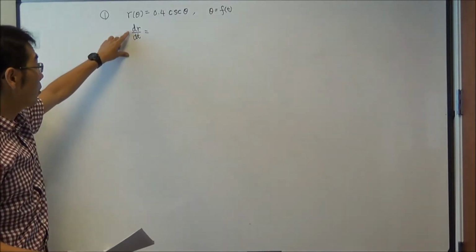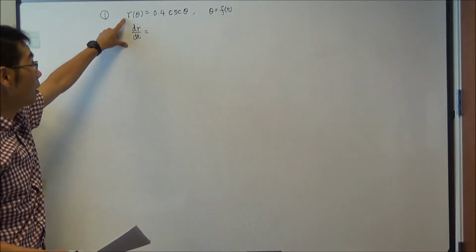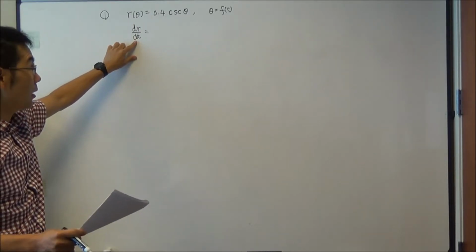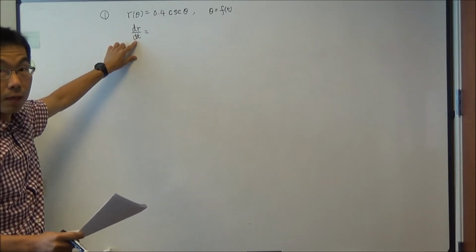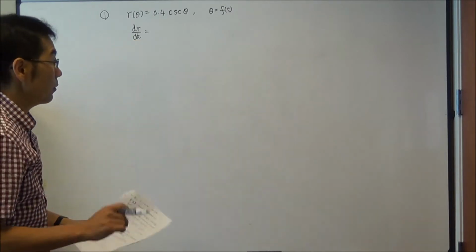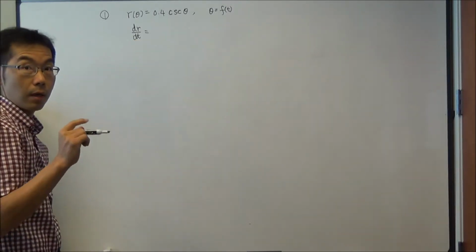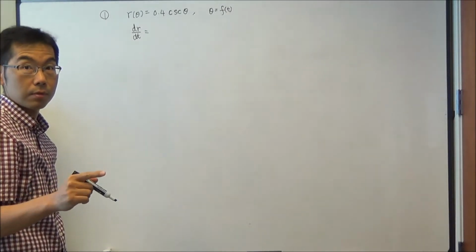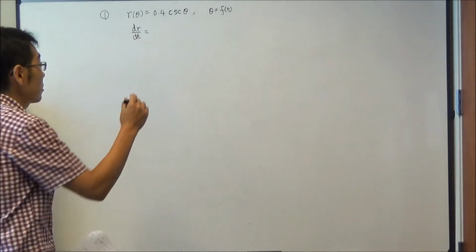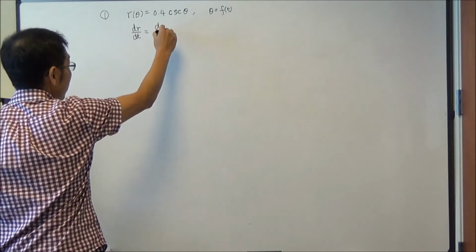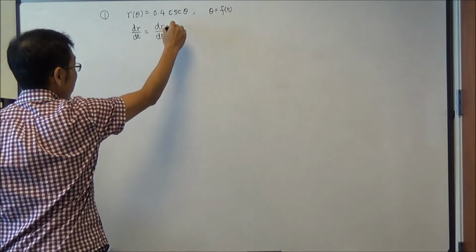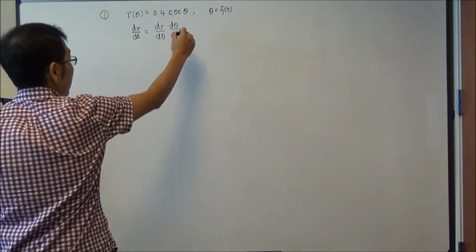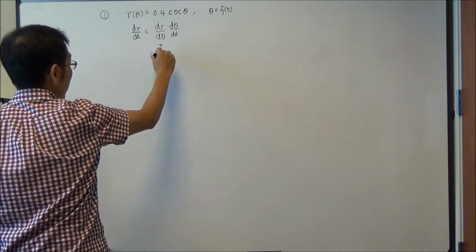But right now we want to take the derivatives of the r function with respect to time. So first you need to understand we use the chain rule. First I want to take the derivatives of my r with respect to theta, and then take the time derivatives of your theta function. So dr over d theta, and then d theta over dt. So this is the chain rule.